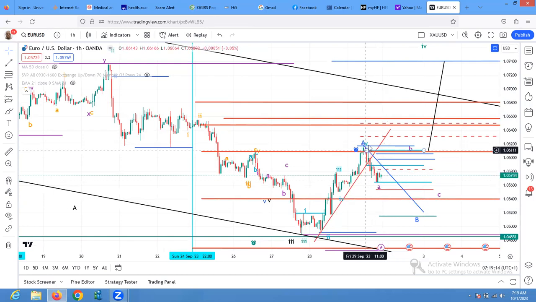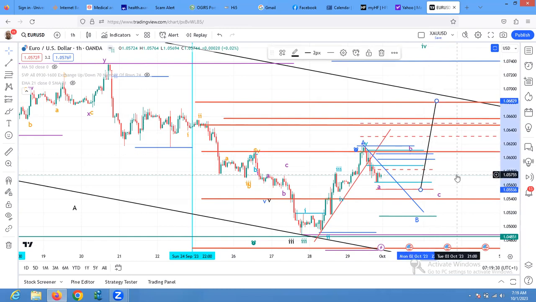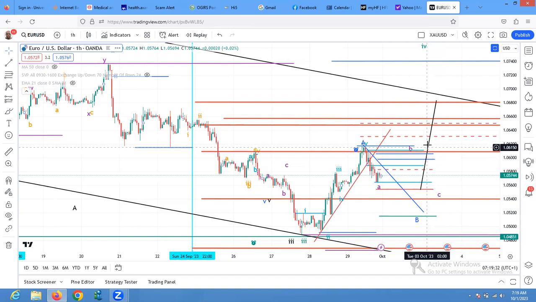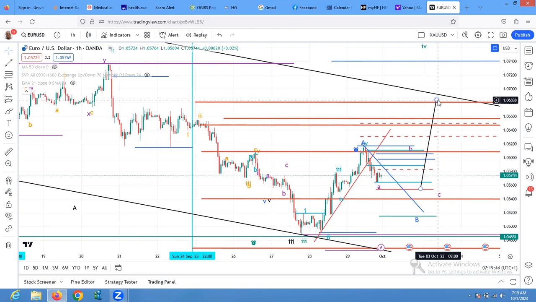whatever is going to happen here will determine how high this is going to go, and eventually, assuming that it gets to this point of 50 retracement here, before we have a bounce to the upside, then you may be anticipating a 100 extension, maybe not more than that.